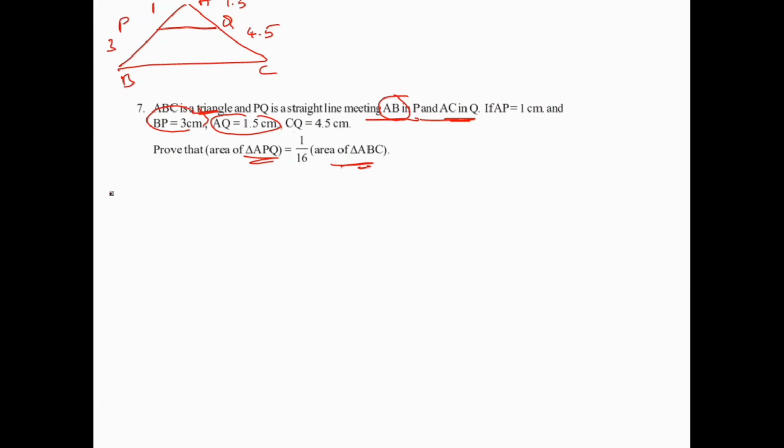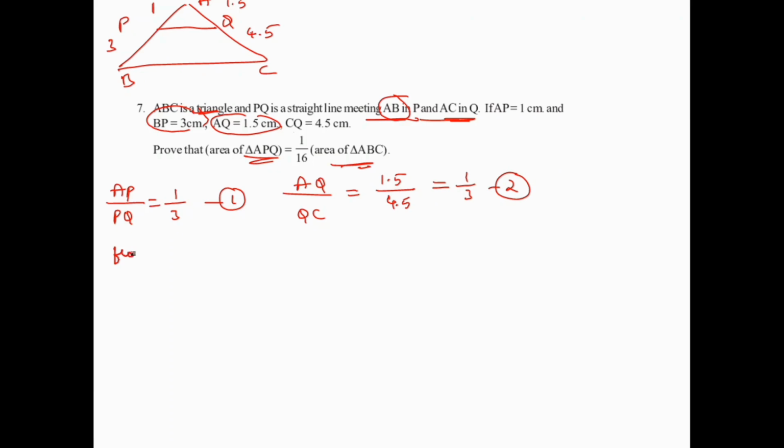If you look at the first one, let me take the ratio AP by PB. The ratio comes out to be 1 by 3, right? So this is equation 1. Now let me take the other ratio, AQ by QC. So 1.5 by 4.5, that is 1 by 3. Let this be equation number 2, right? So from 1 and 2, what can be deduced is AP by PB is equivalent to AQ by QC.